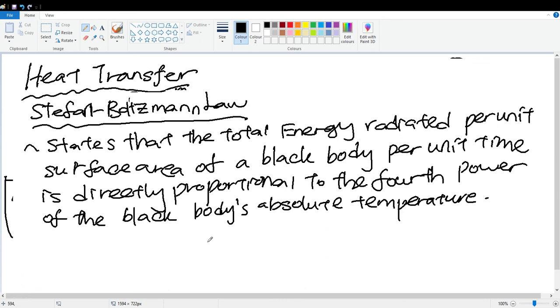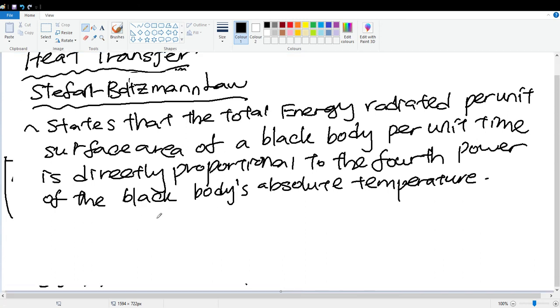So in the form of equation, dQ over dt, which is the total energy per unit time per unit surface area, is directly proportional to the fourth power of the black body absolute temperature.